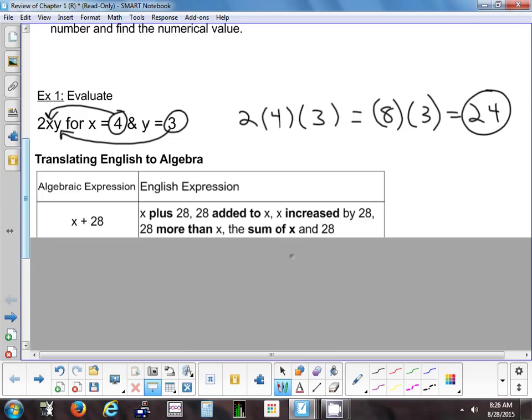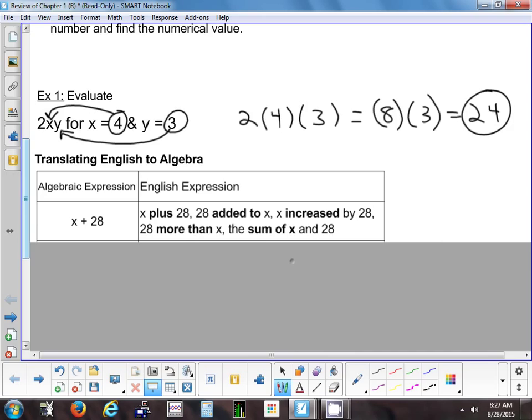Sometimes when you have a word problem, you've got to read the words and figure out what it is. Is it addition, subtraction, multiplication, or division? So we're just showing you the key words, because usually in word problems, they don't actually tell you to add, they have those words in there. The last one there, the sum of, that's the one that shows up a lot.